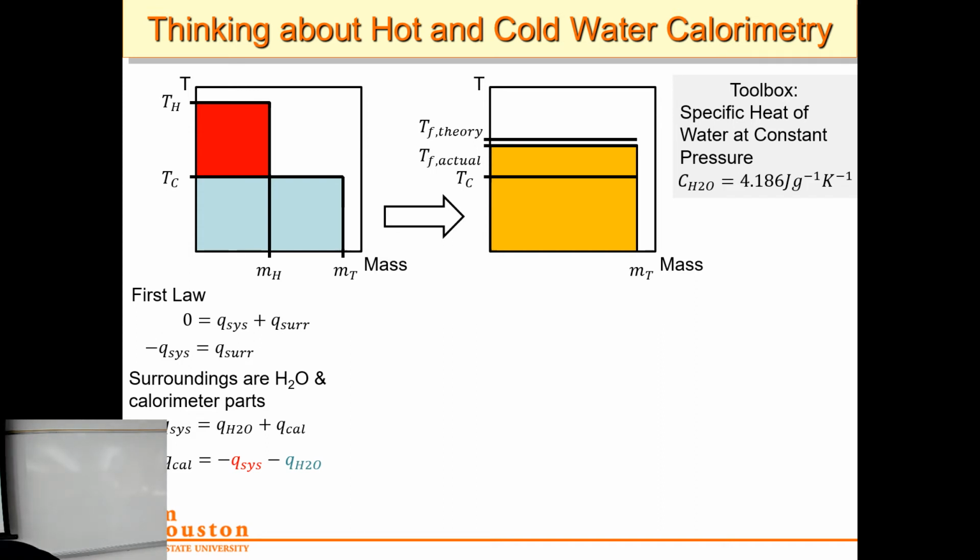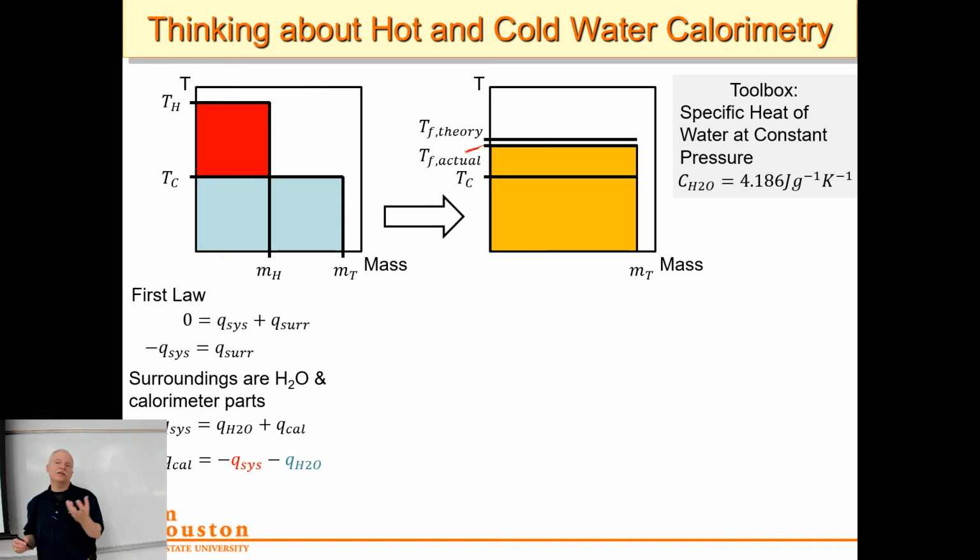So here we have the total mass of the system, and the temperature has come down a little bit lower than the theoretical. So there's an actual temperature here that's lower than the theoretical. And it's lower because we've warmed up the calorimeter glass, we've warmed up the metal in the thermometer, we've warmed up the stirring stick.